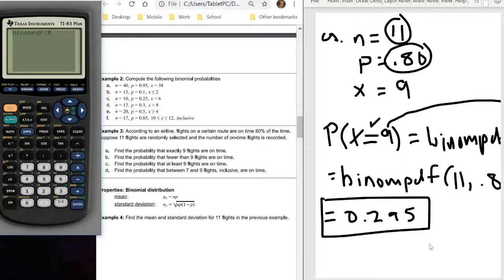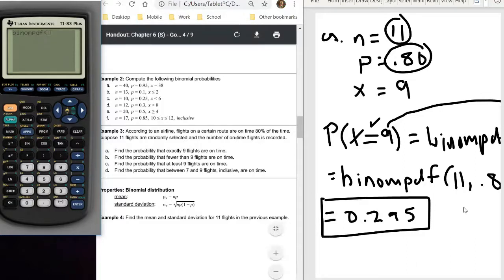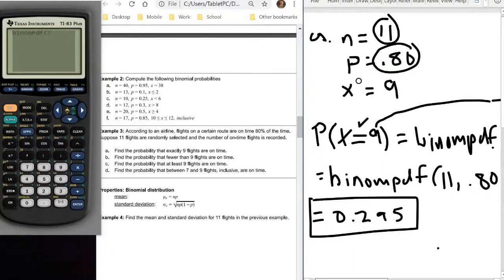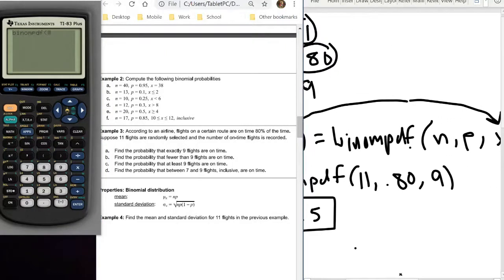What we'll do, going back to the Word document here, is repeat this exact part right here in the calculator. When we wrote 11, comma, we'll do the same thing here. 11, comma, here we have 0.80, so we'll do 0.80, comma, and then we'll do 9.